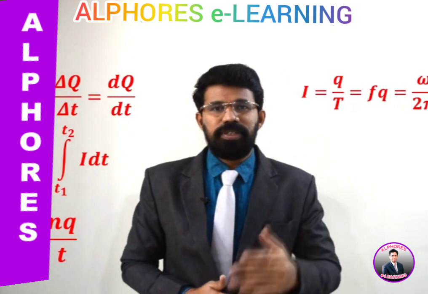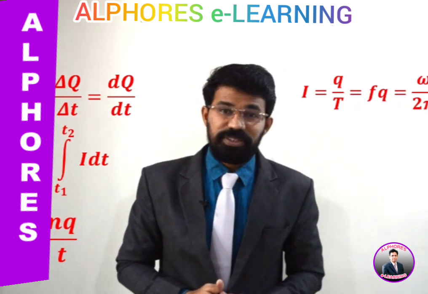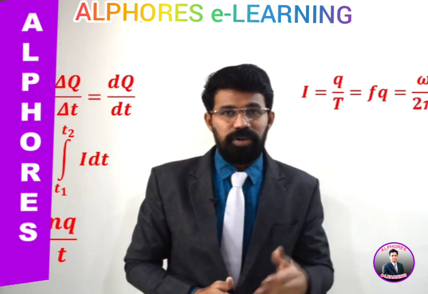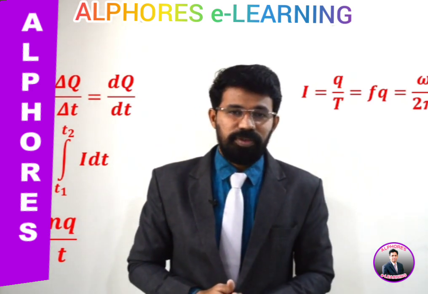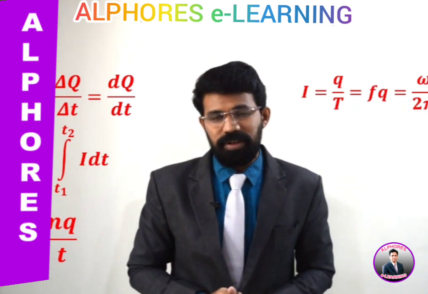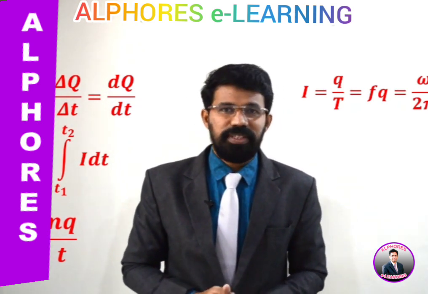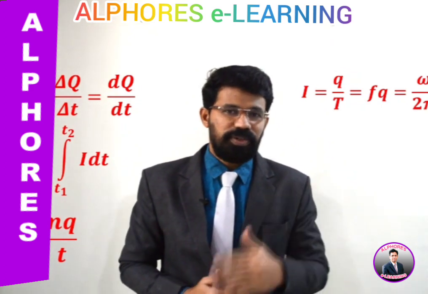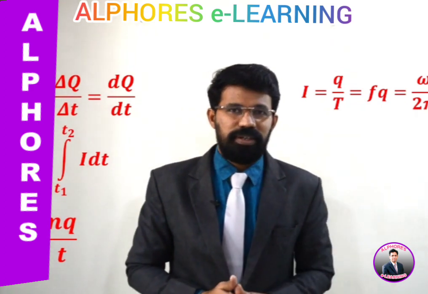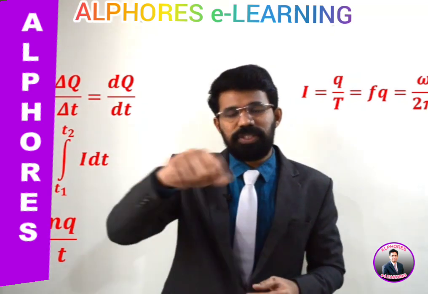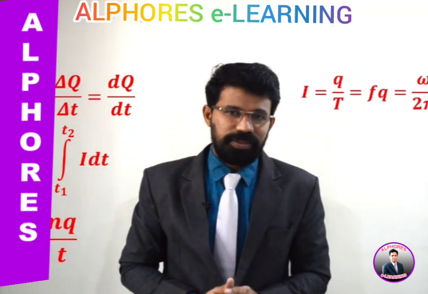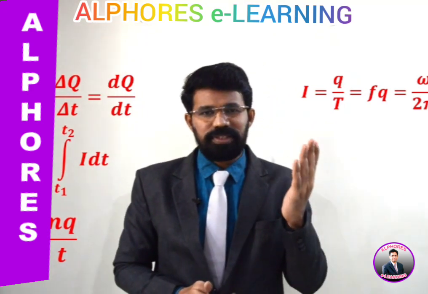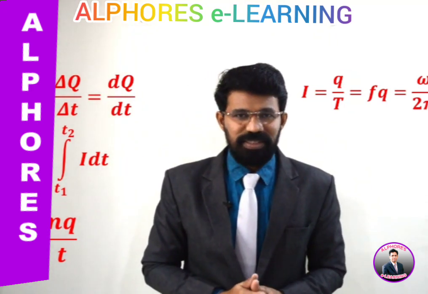Further, you can modify that: the inverse of time period is nothing but frequency, so you can write this equation as fq, or you can replace f with omega by 2 pi. What is that omega? Angular velocity or angular frequency. And finally you can write that equation as vq by 2 pi r. That's what we wrote yesterday: I is equal to vq by 2 pi r. That was our conclusion. So if any charge is revolving in a circular path, there will be some current associated with that. We can think about that current, and we can write such an equation, I is equal to vq by 2 pi r.